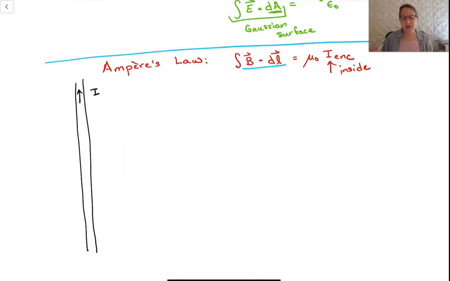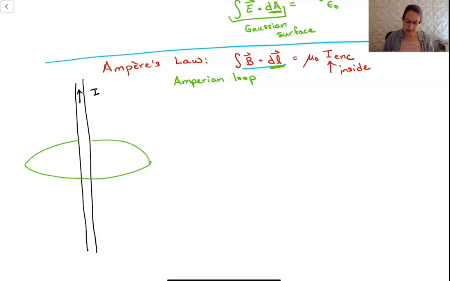And instead of a Gaussian surface, what we're going to draw is an Amperian loop, which is what this dl is about. It's about a length of a loop. So for this setup, our Amperian loop is going to look something like this. Again, it's centered on the object, so we can take advantage of the symmetry.